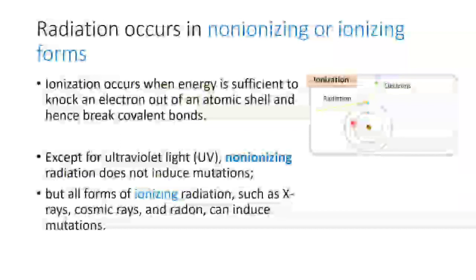However, all types of non-ionizing radiation, except the ultraviolet light or UV, do not induce mutation. So what we want to do, guys, is take an example of the UV light.